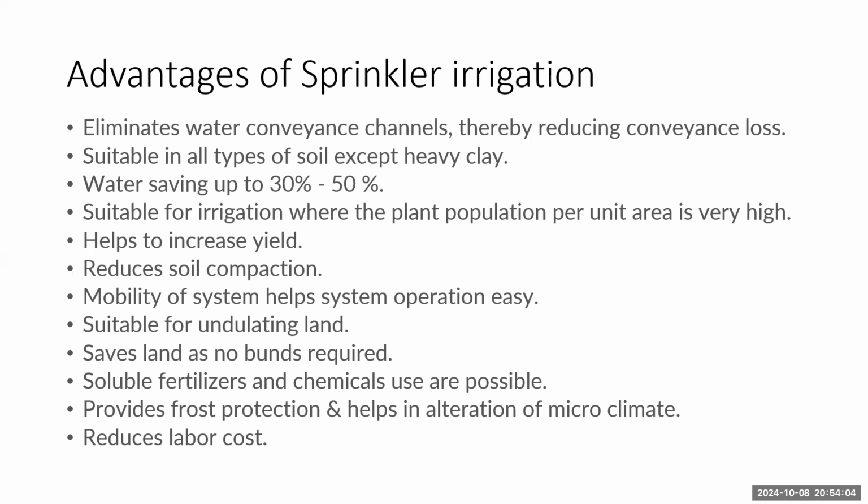Where the number of plants per unit area is more, the plant population is higher, and in that case it is suitable. So it increases the yield, and it reduces soil compaction.